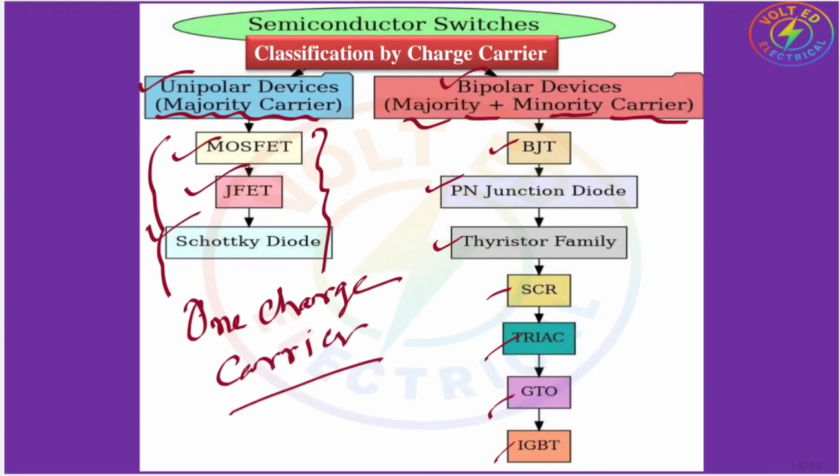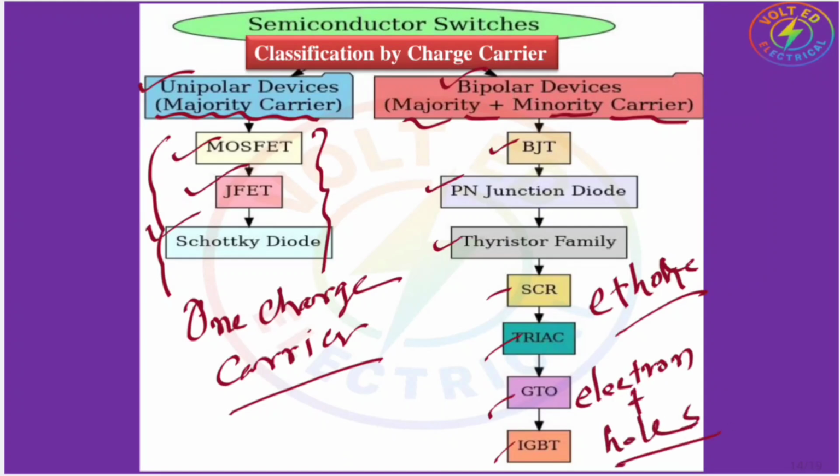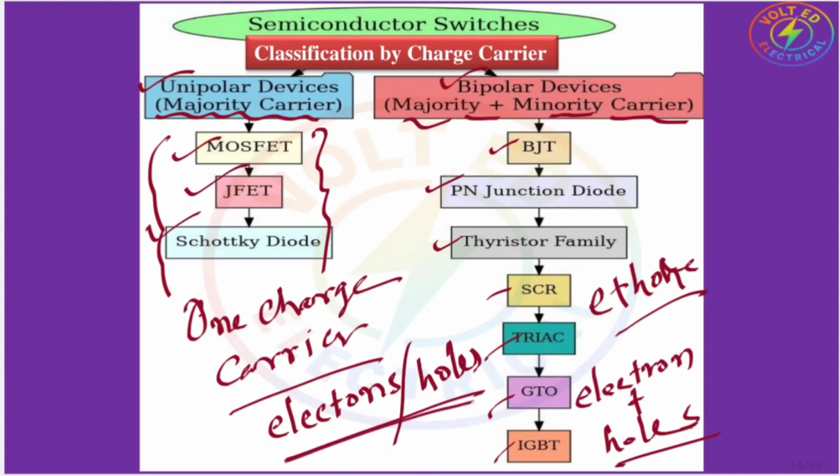Here electrons plus holes are involved in the conduction process, but in the case of a majority carrier device, conduction happens because of either electrons or holes, any one of the charge carriers. So let's understand one by one what a unipolar device and a bipolar device are, and see the explanation of all the devices like MOSFET, JFET, and Schottky diode.